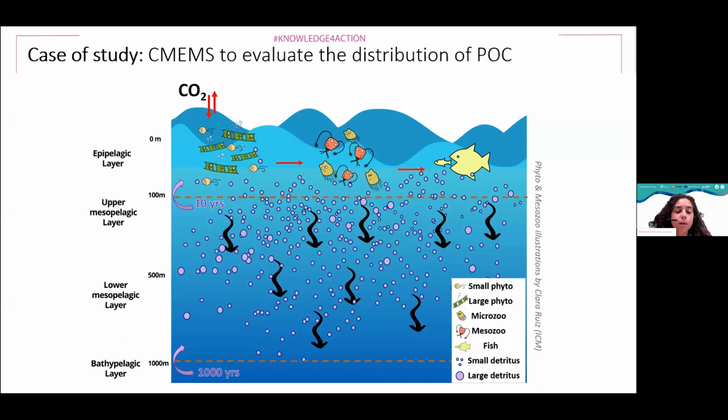Once this POC is exported below 100 meters, it will be sequestrated for over 10 years. Once it is exported below 1,000 meters, it will be sequestrated for 1,000 years, preventing it from being in contact with the atmosphere, so mitigating climate change in this way.